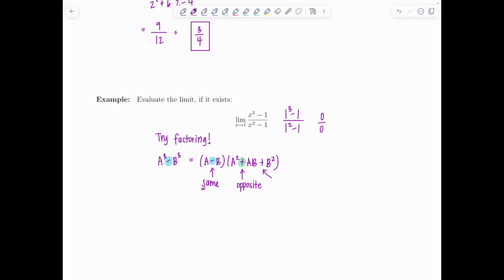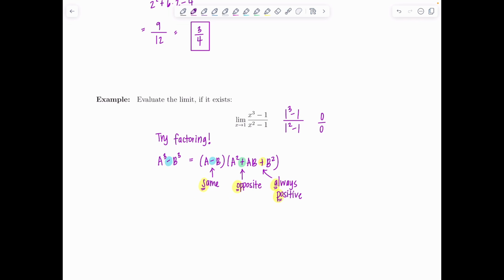And then the last one's always positive. So there's your SOAP, S-O-A-P. And then the other thing you do need to just remember is the pattern. So if you have a cubed minus b cubed, ab, a squared, ab, b squared. No extra constants in the middle, okay?